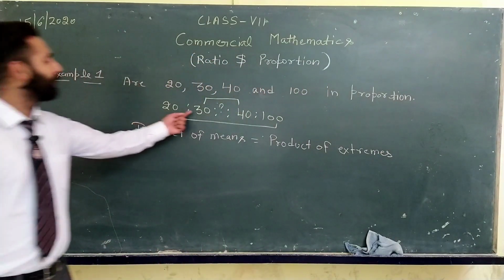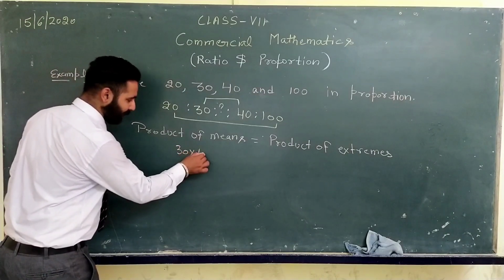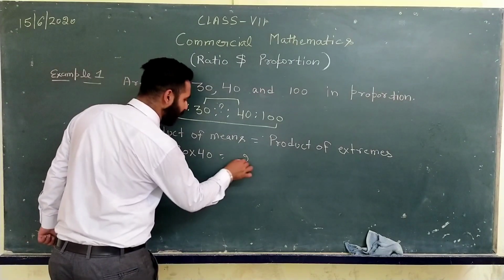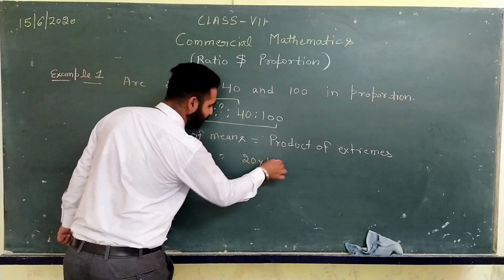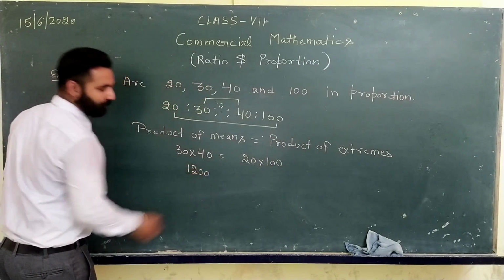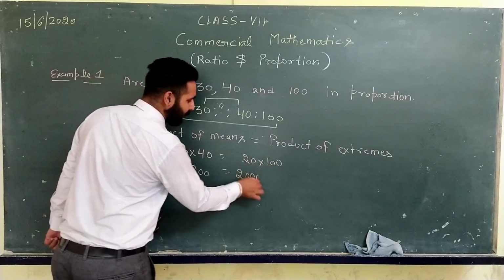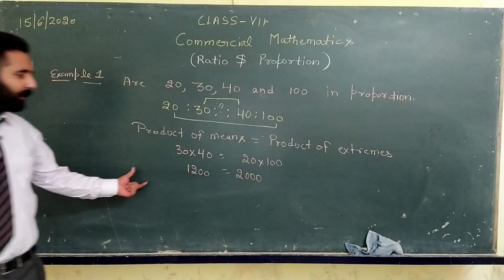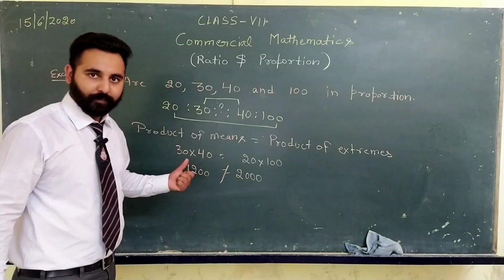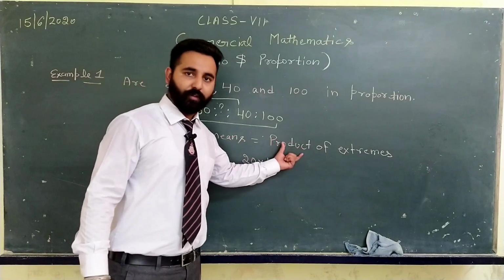So what are the means here? 30 and 40, and extremes are 20 and 100. When you multiply 30 with 40, you will get 1200, and when you multiply 20 with 100, you will get 2000. So from here you can check that left hand side is not equal to right hand side. Means product of means is not equal to product of extremes.